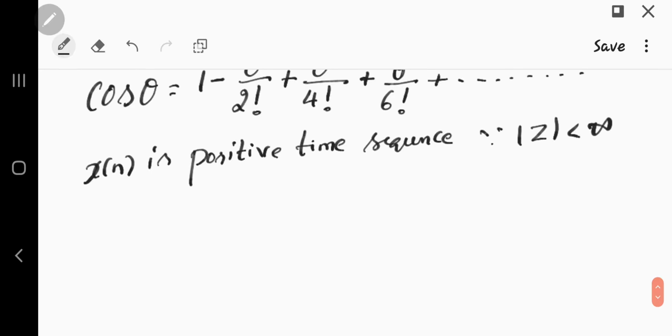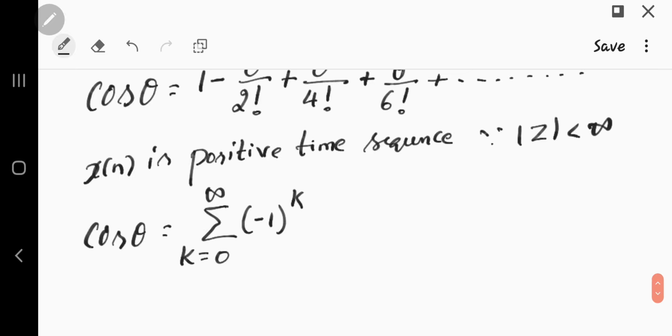So therefore this cos theta can be expressed as summation k is equal to 0 to infinity of minus 1 to the power of k, theta to the power of 2k divided by 2k factorial.